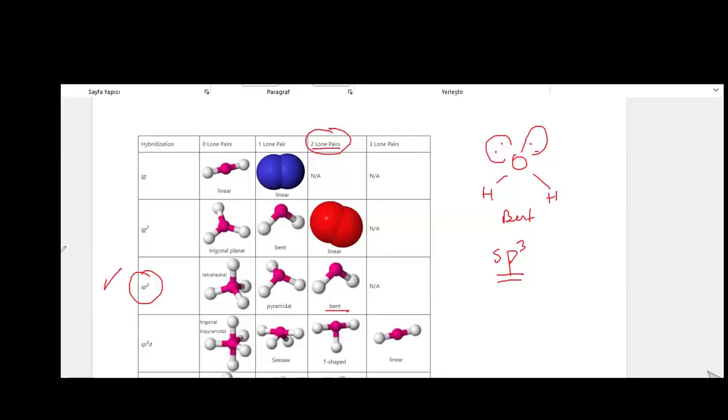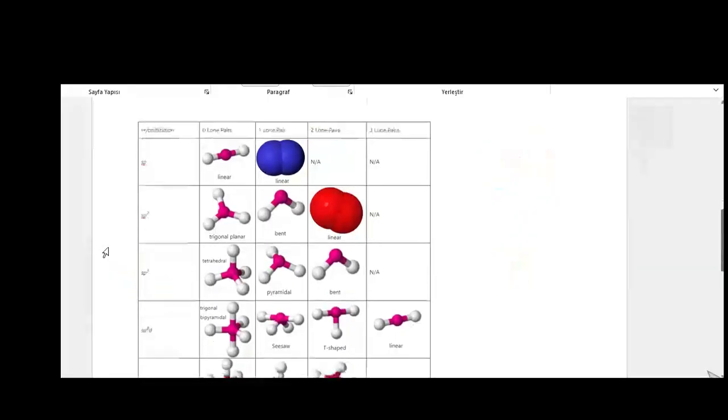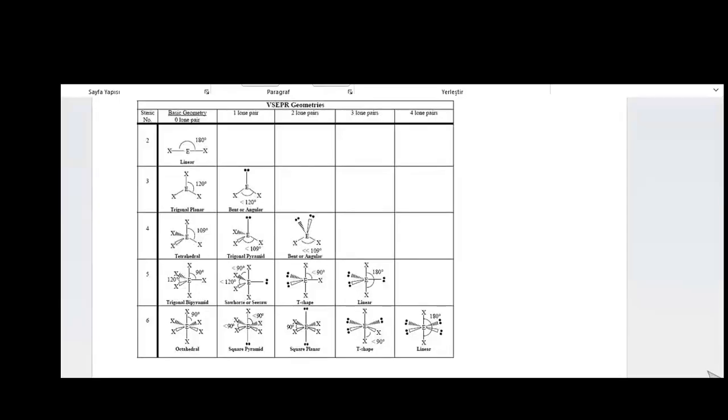So finally, let's check the bond angle. Once again, we are going to use the Lewis structure of the molecule. It has two lone pairs and it has a bent angular shape. So you are going to easily understand that this is the related geometry.